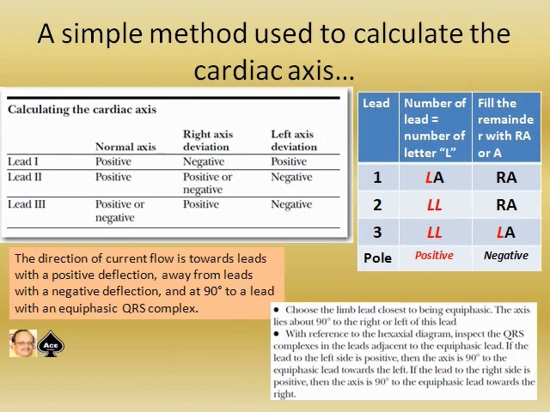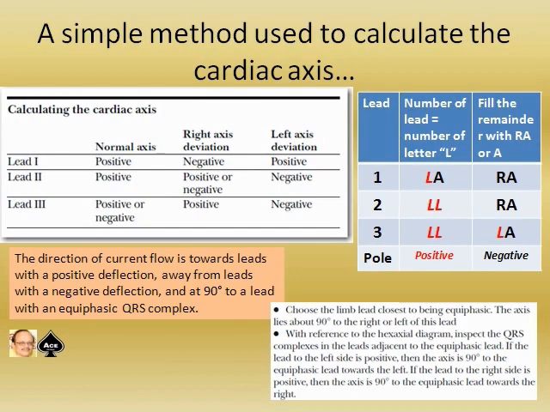The number of the lead is equal to the number of the letter L, and fill the remainder with the letters RA or A. This is an easy method of remembering which limb is carrying the positive pole of the ECG bipolar lead. For example, in lead 1 there is only one L, and the remainder is filled with A and RA. That means the positive pole is the left arm, and the negative pole is the right arm.